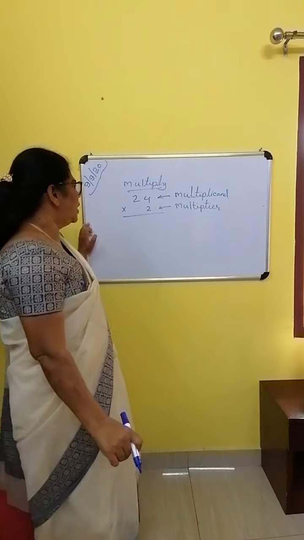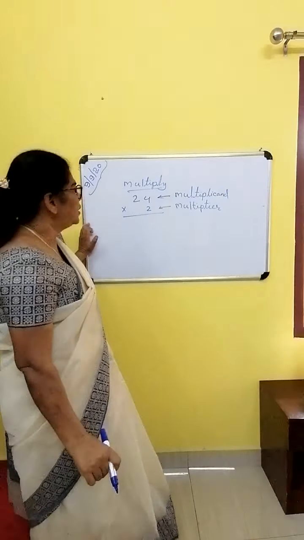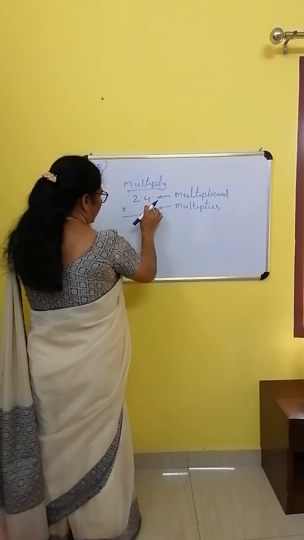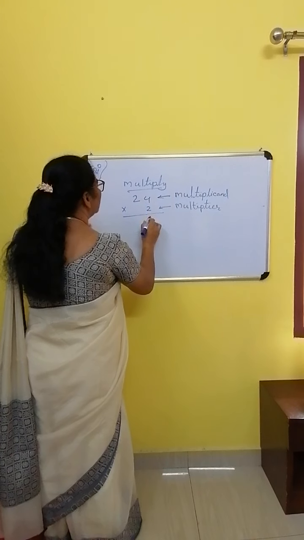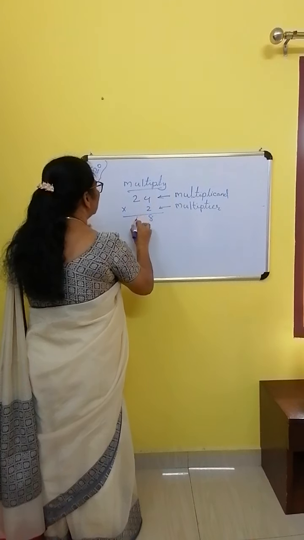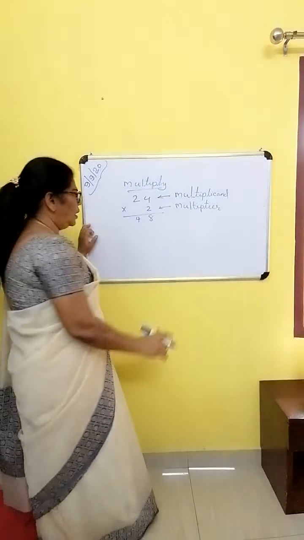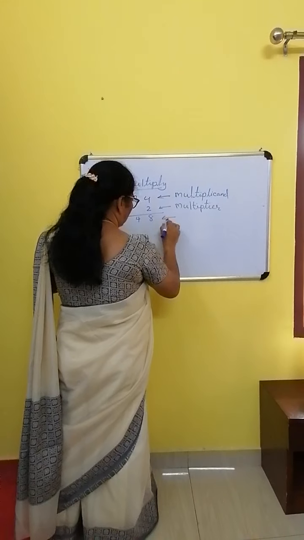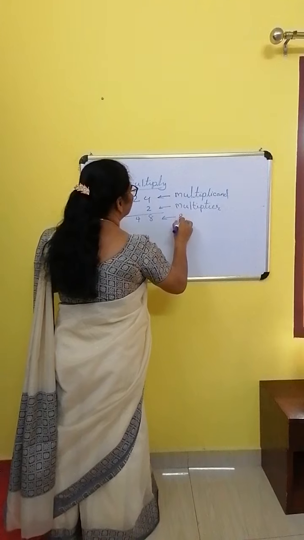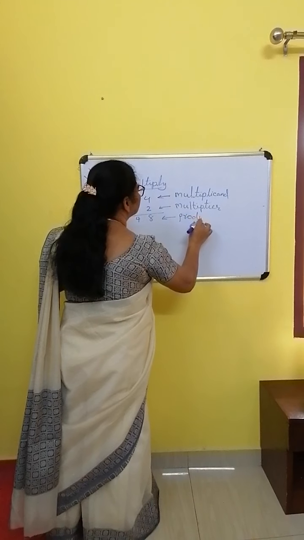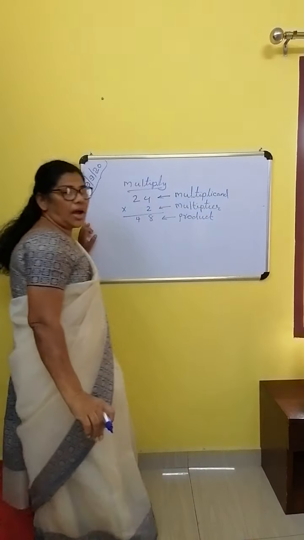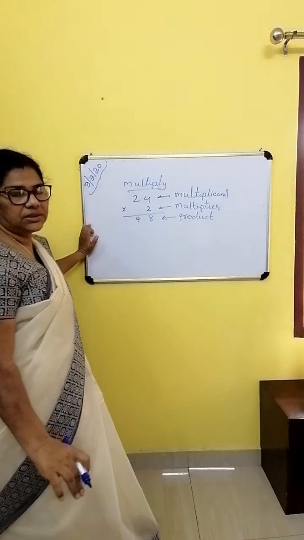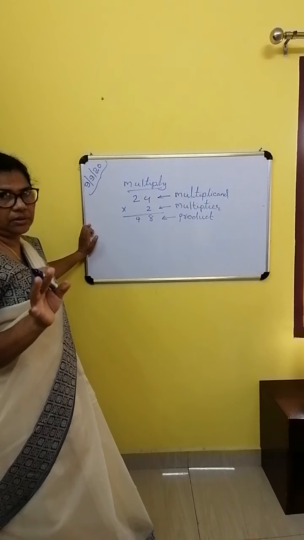Then we will get the answer. Let us find the answer. 2 4s are 8, 2 2s are 4. This answer is called a product. So the answer of multiplication is called product. Understood?